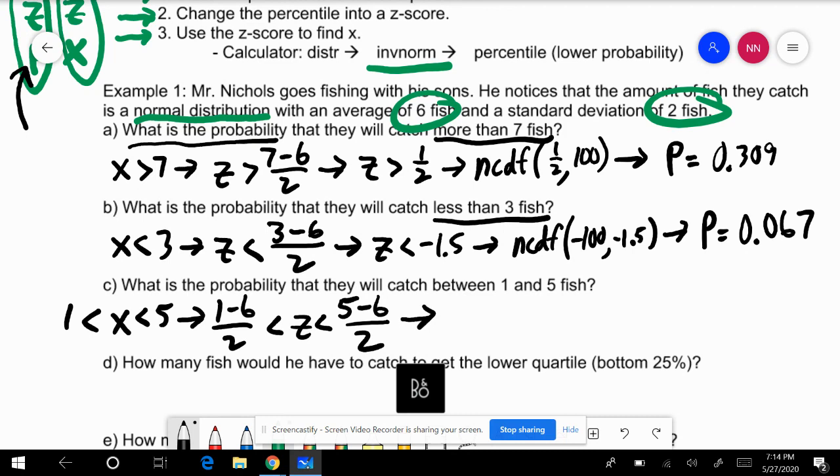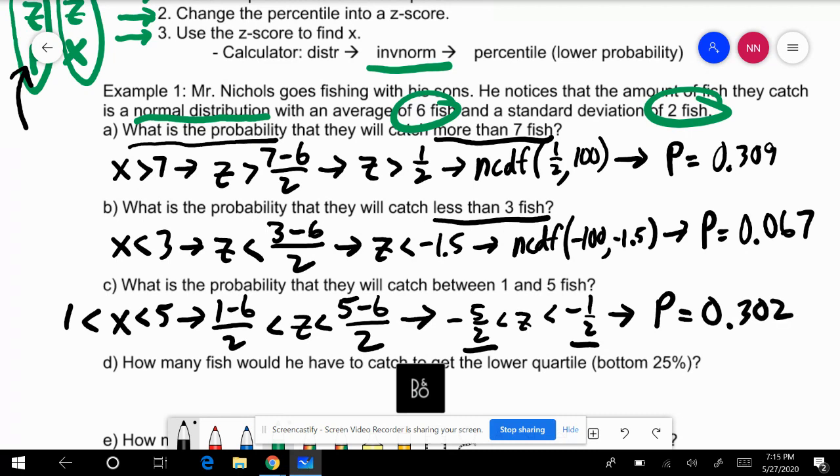So that gives us negative 5 over 2, and it gives us negative 1 over 2. So we're going to do normal CDF of these 2 numbers. And when we put it in our calculator, we get a probability of 0.302. So this right here is a review.